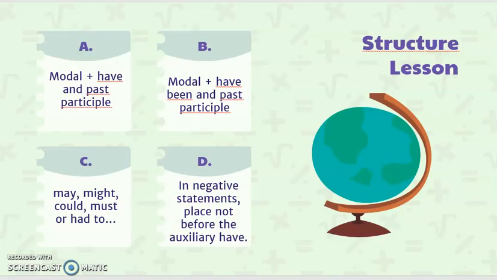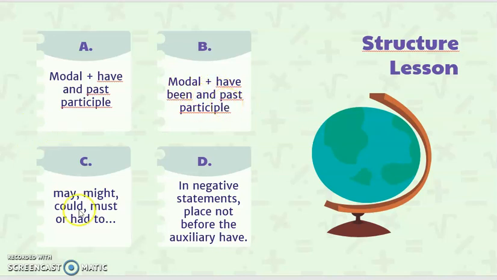Remember, guys, that it's important that you have the structure for each tense. For this lesson, for our active and passive voice, we are going to use, for the active voice, modal plus have and past participle. For the passive voice, we are going to use modal plus have been and past participle.